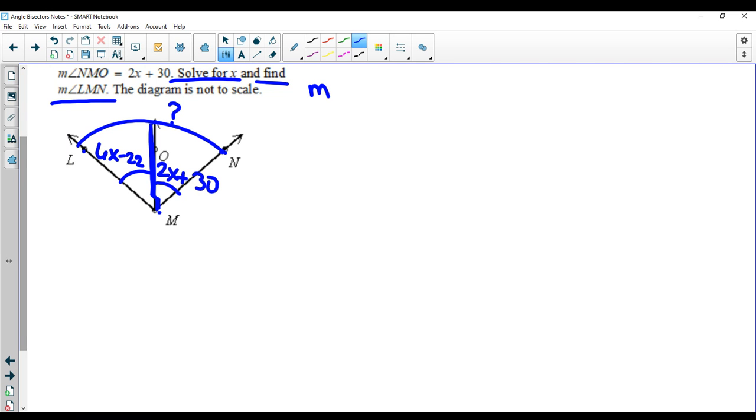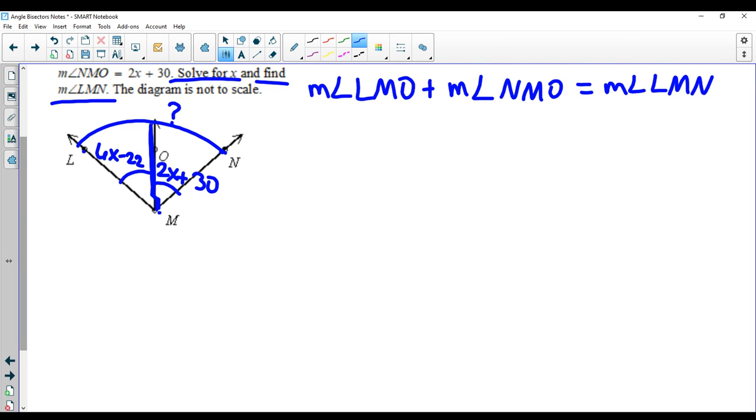So we got the measure of angle LMO plus the measure of angle NMO equals the measure of angle LMN. Alright? That's what we have to do.